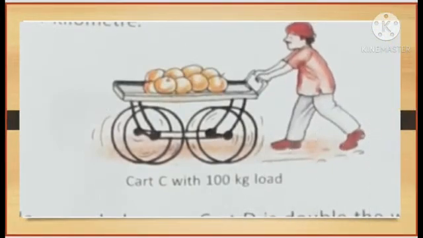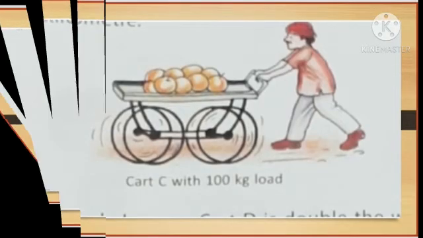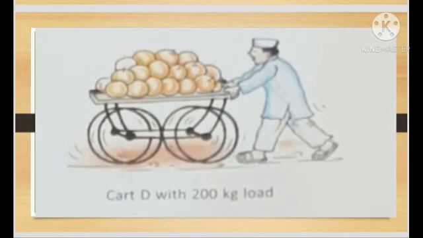Now another cart C having 100 kg of load in the cart, and cart D with 200 kg of load. But in both the cases, displacement produced is 1 kilometer.